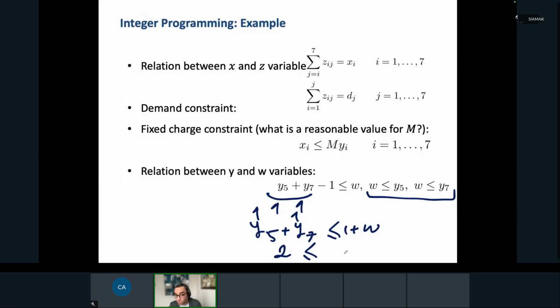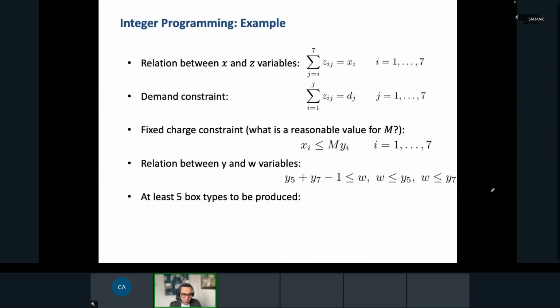So 1 plus W is at least equal to 2. So W becomes equal to 1. So these constraints alone only make sure that when y is equal to 0, then W is also equal to 0. But they don't enforce the fact that when these two are equal to 1, W should be also equal to 1.